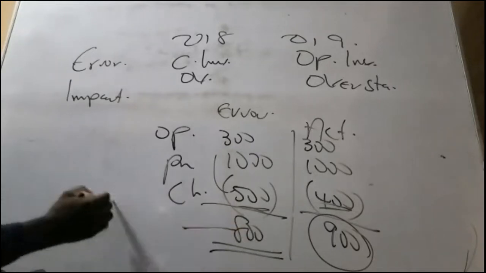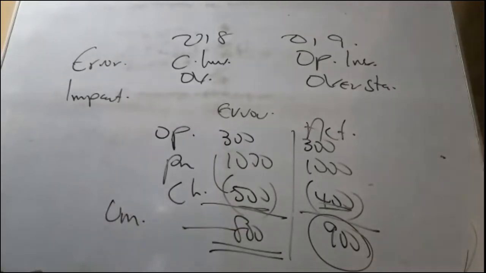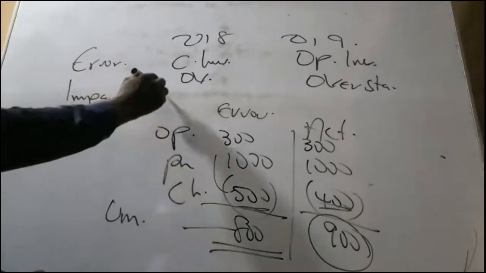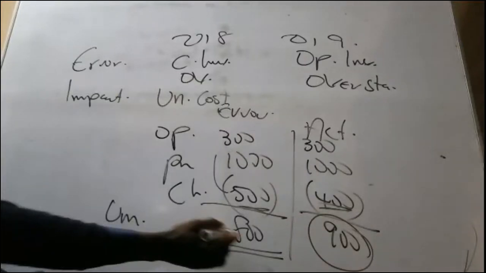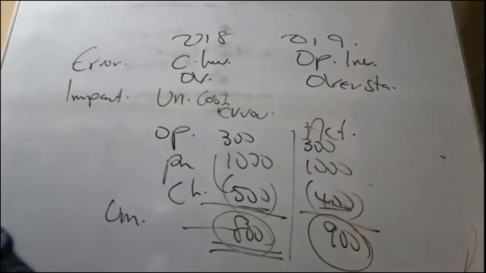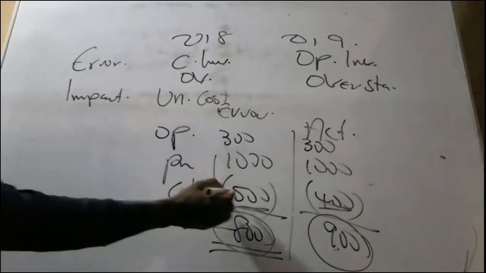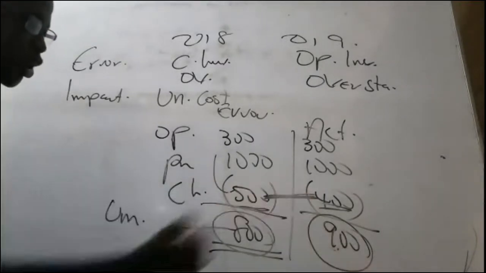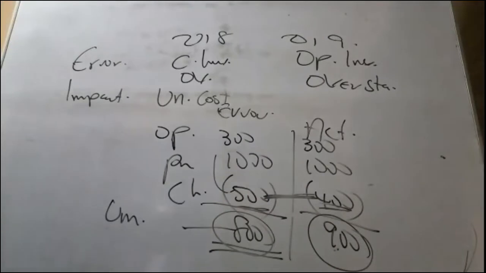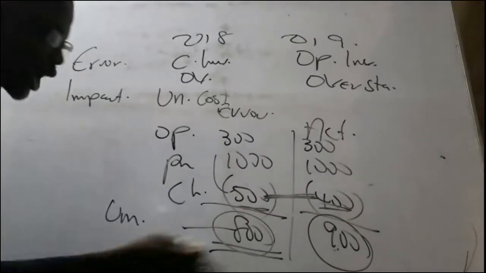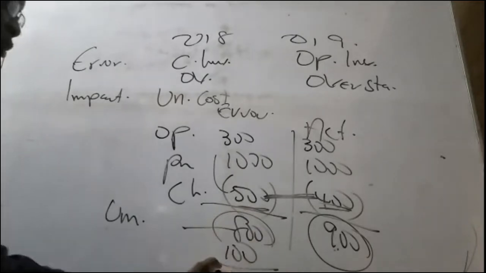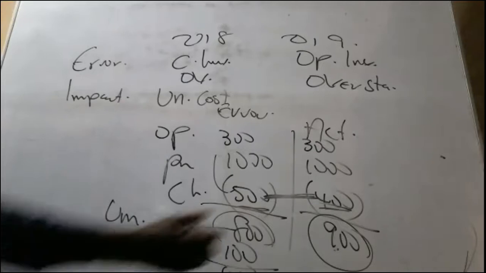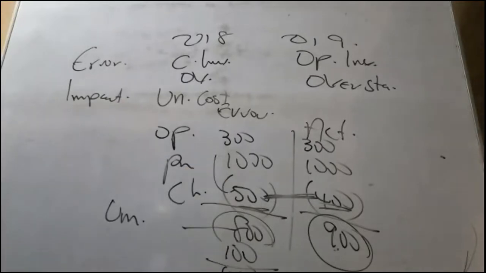Understatement of what? Cost of sales. So the cost of sales is too small. So what do I do so that I can get this 900? It means that the closing inventory has been overstated by 100. So I just have to add it. So here plus the 100 will now give me the 900. I'm able to solve it. That is all.